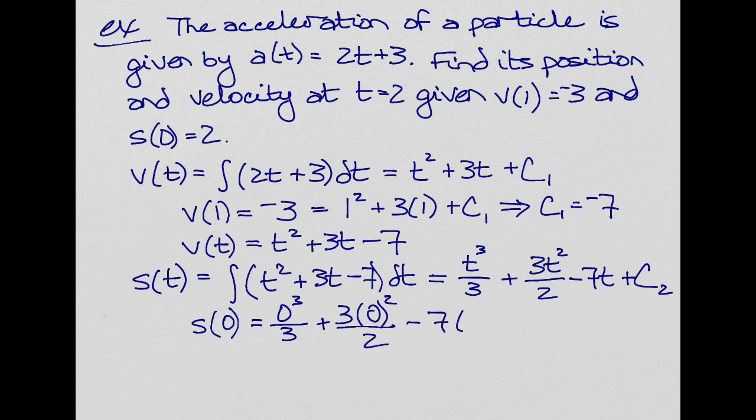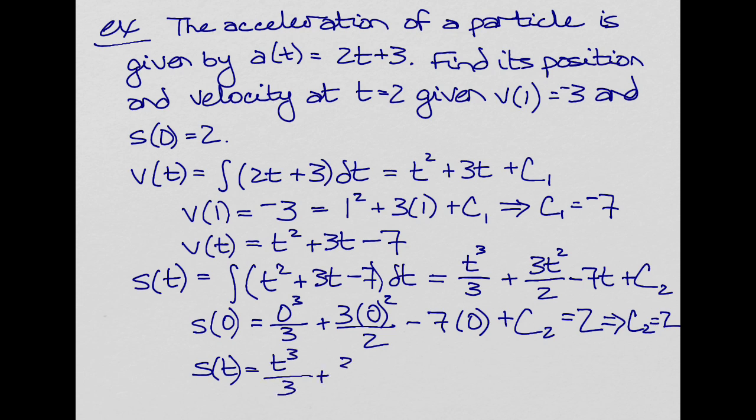Minus 7 times 0 plus C2. And I know that's going to turn out to be 2. All zeros except for the constant. So C2 is 2. And my position function is the particular one, t cubed over 3 plus 3t squared over 2 minus 7t plus, in particular, C2 is 2.